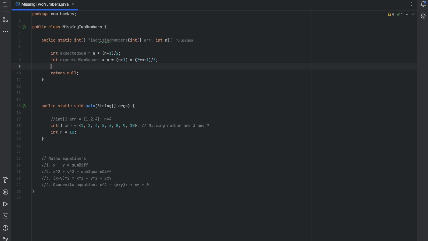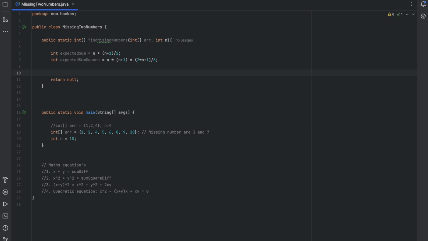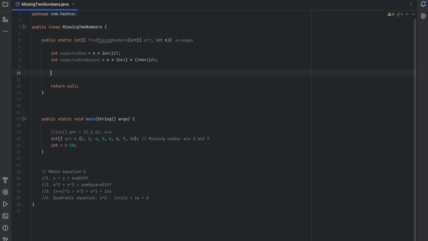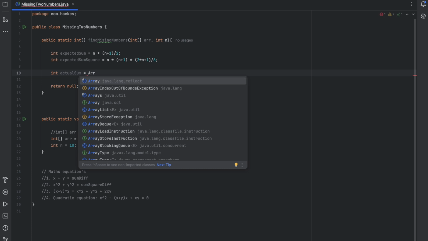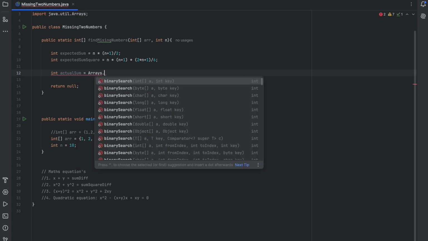Now what we are going to do is calculate the sum of our array. We need to calculate the sum of the array and then the square of the sum of the array. So we are going to calculate the actual sum, and here we are not going to use a for loop.